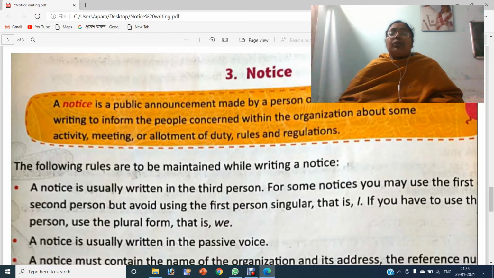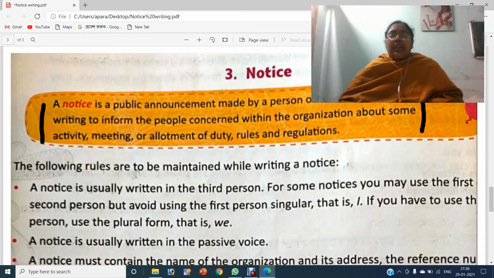A notice is a public announcement made by a person or an organization in writing to inform the people concerned within the organization about some activity, meeting, or allotment of duty. Rules and regulations, all these are notified through a notice.